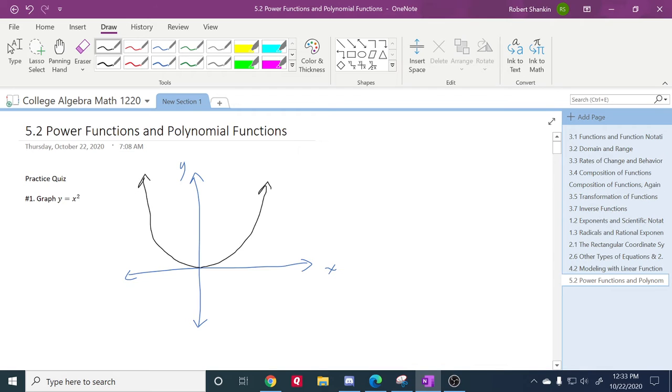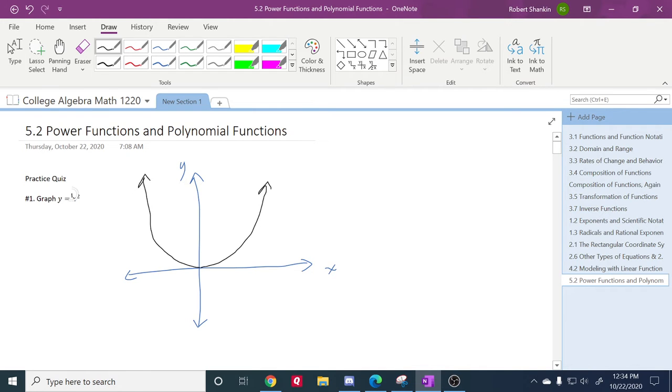This is an example of a polynomial function, and there's lots of aspects of parabolas and other polynomials that we're going to be going over today, so we'll generalize some things, like you may have remembered this or not.